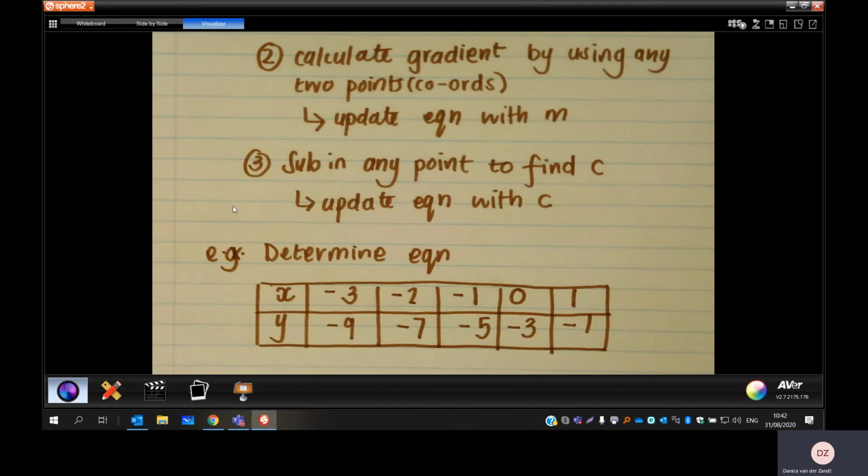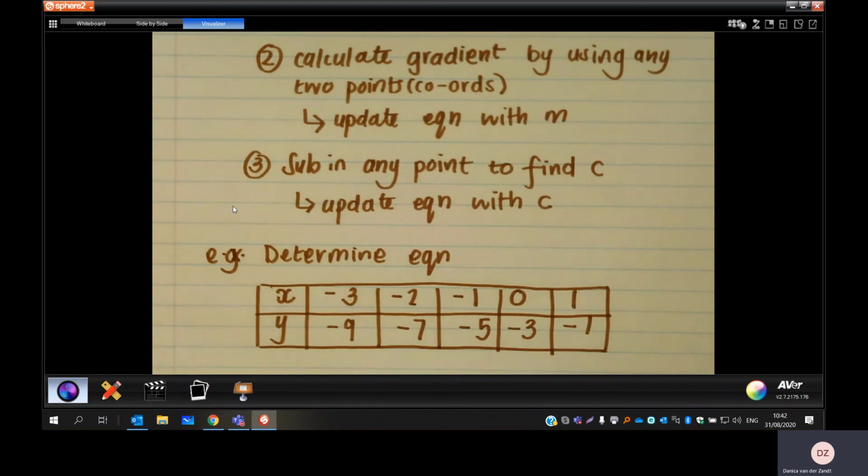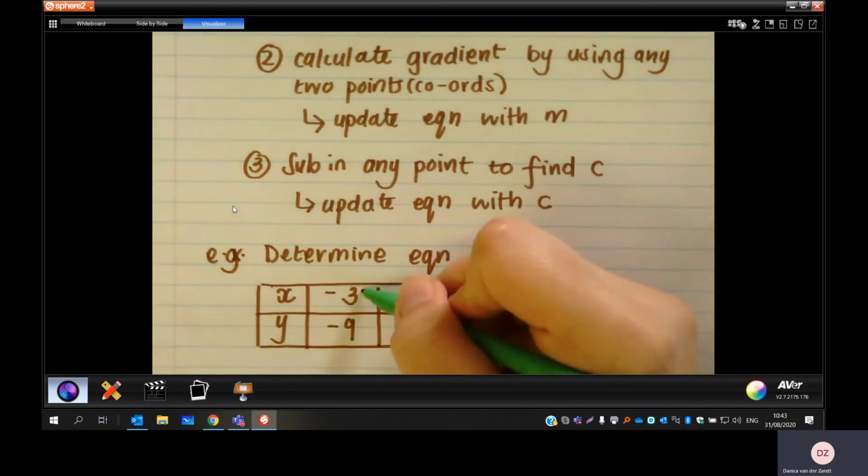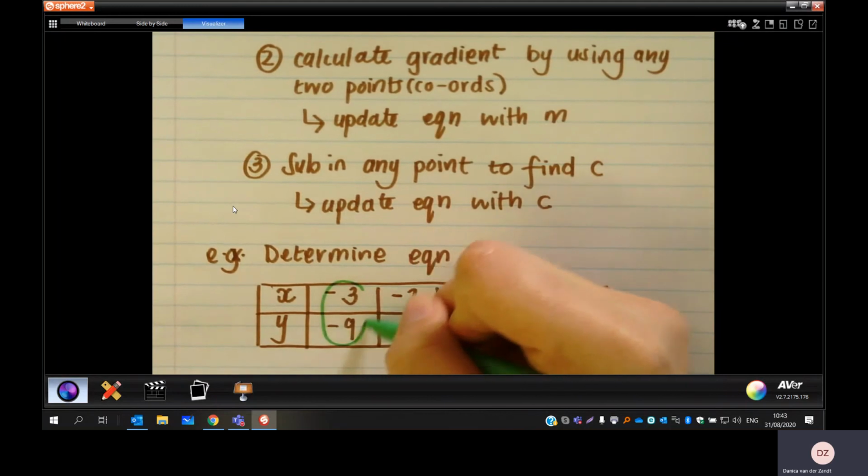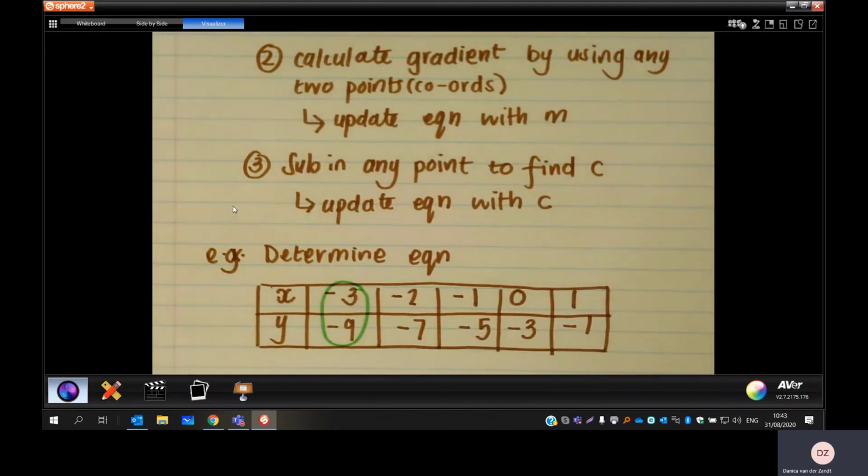So when I say calculate by using any 2 points, you can literally use any two. So what's the first thing to remember, we've looked at it before, is that the x and y together make a coordinate. So -3 for x, -9 for y. Logan, choose another one for me, please.